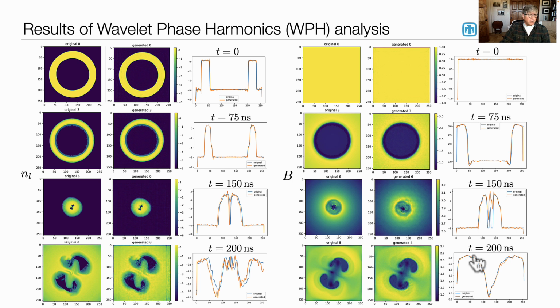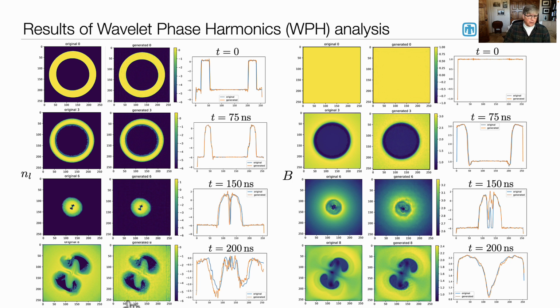What is shown here is the liner density for one simulation at 4 different representative times, as well as the surrogate generated form using the wavelet phase harmonics. The same workflow was followed.